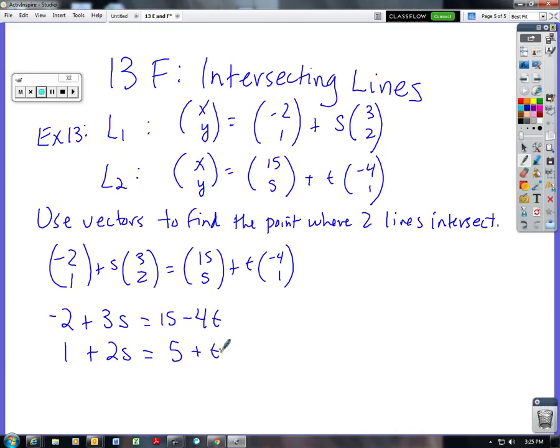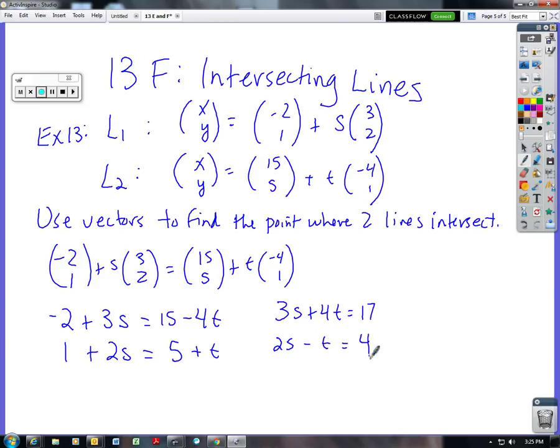We have two equations, we have two unknowns, we can do this. I'm going to move things around a little bit. I like elimination, so I'll use that technique. I'm going to move my s's and t's to one side. So I'm going to have 3s plus 4t, and then I'm going to move my 2 over to the other side. And then I'll have 2s minus t, and move my 1 over.